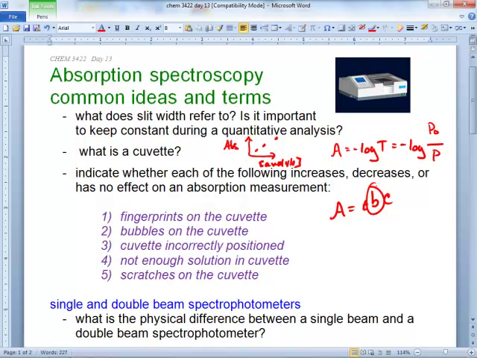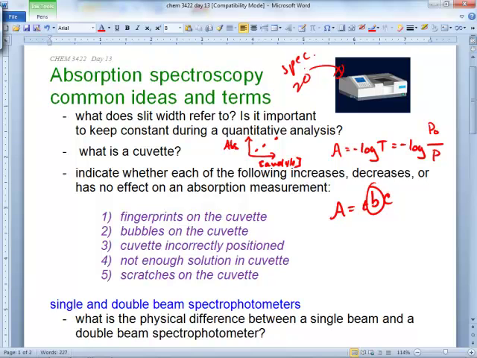Beer's law, just like McGee was mentioning. Indicate whether the following increases, decreases, or has no effect on an absorption measurement. Just imagine you're putting your little cuvette in this Spec 20 here, measuring and getting an absorbance at some wavelength.